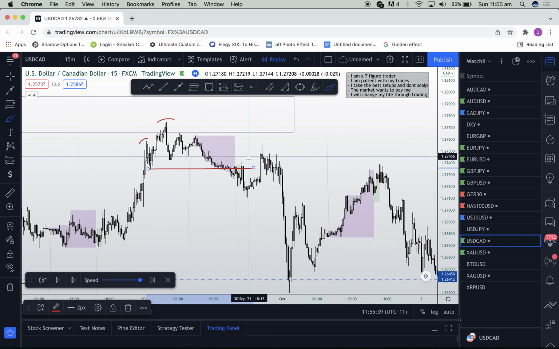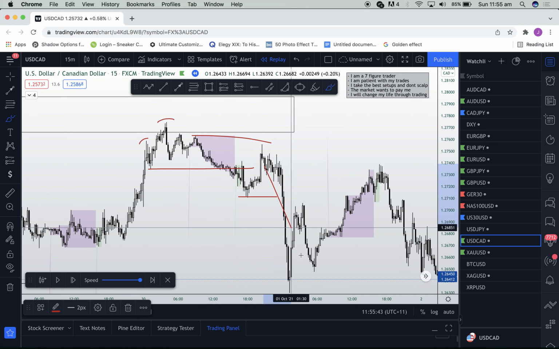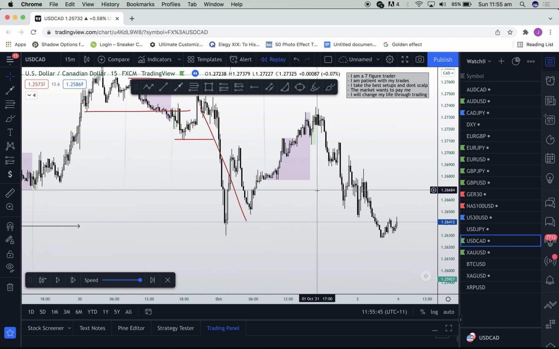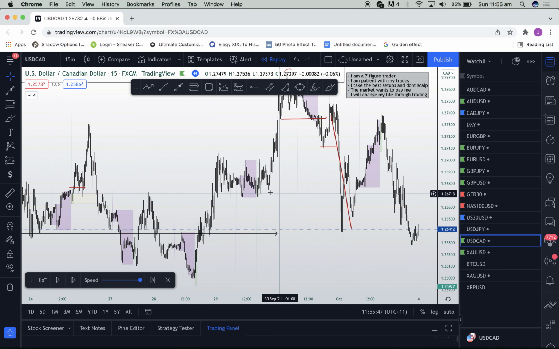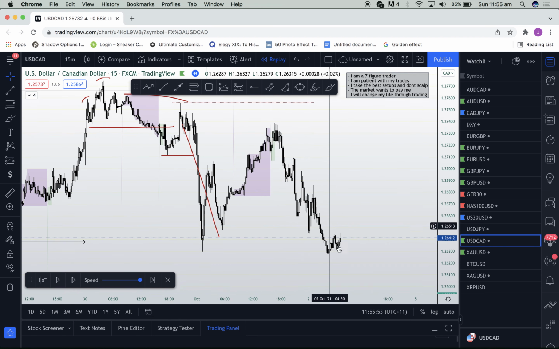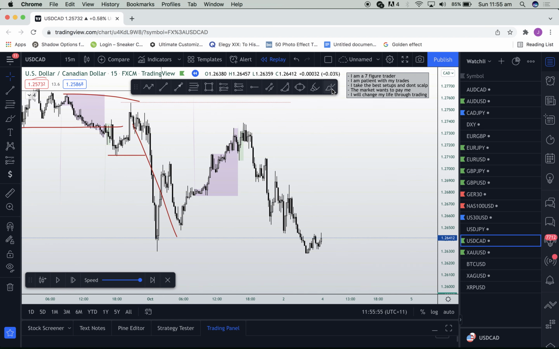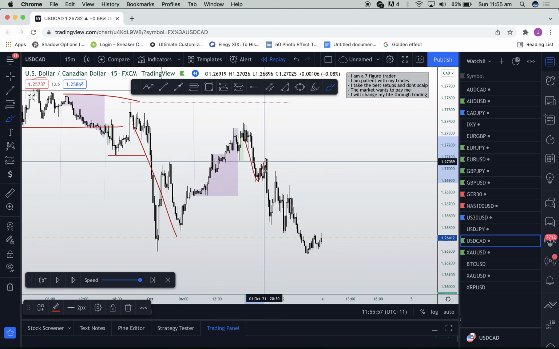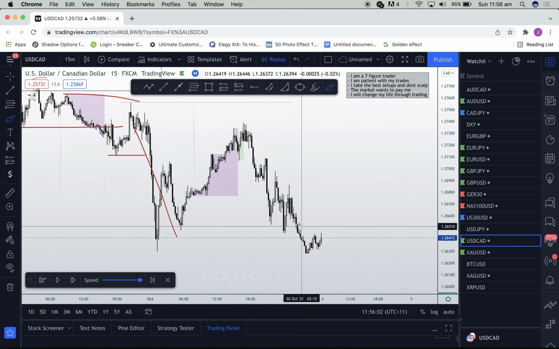And then we had it pull back up into previous highs before continuing down. Once we had that next break of structure, what does it do? It comes back up, maintains the high, and continues down. And then you can see from an order flow perspective, the market gives you multiple entries.